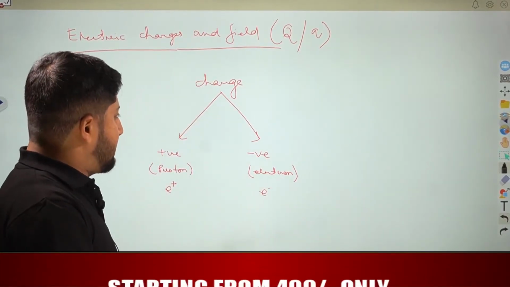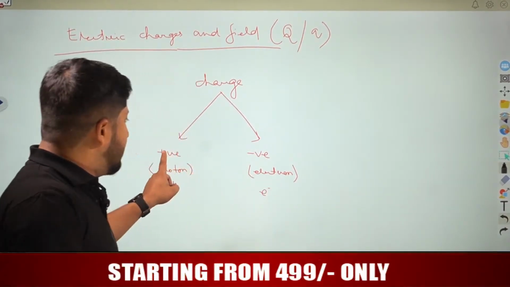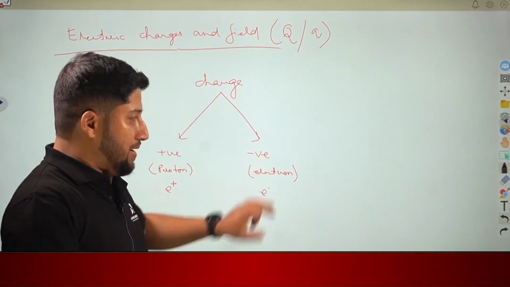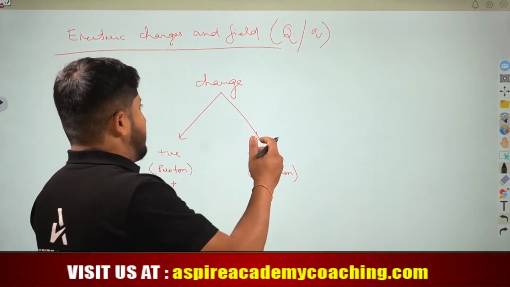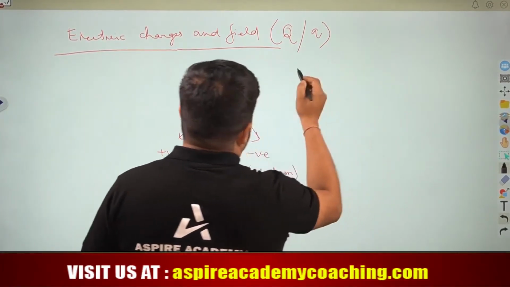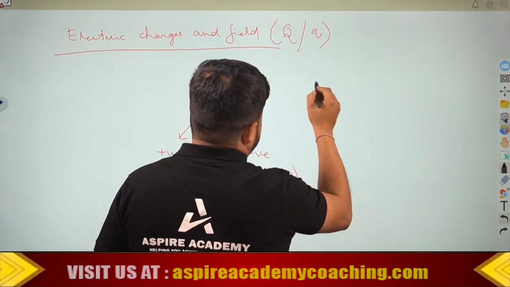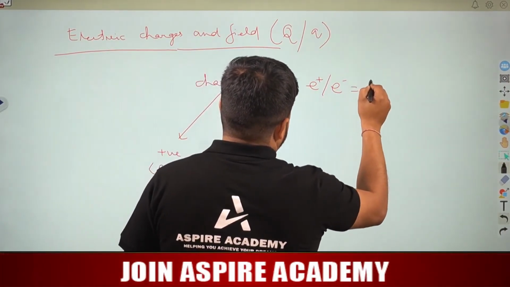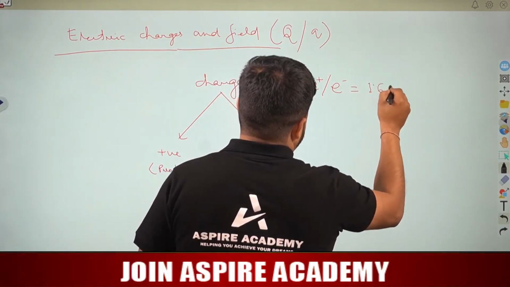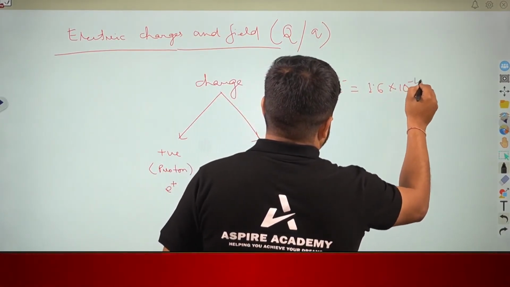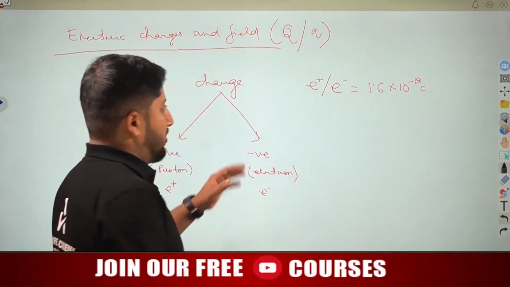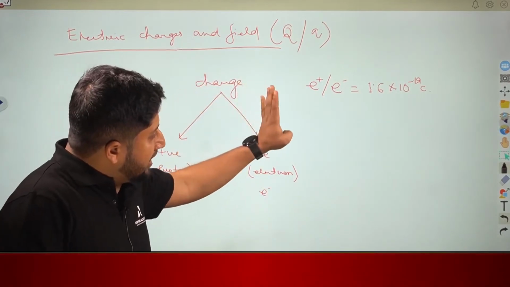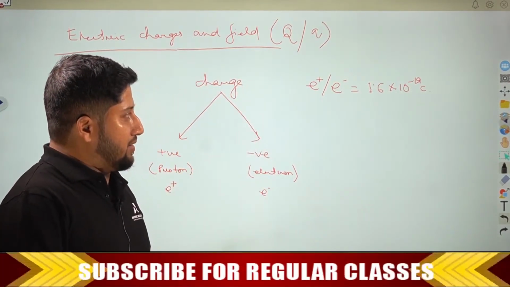So charge can be divided into two types: positive and negative, proton or electron, e plus or e minus. What is the value of one charge, either positive or negative? We know that it is 1.6 into 10 to the power minus 19 coulomb.